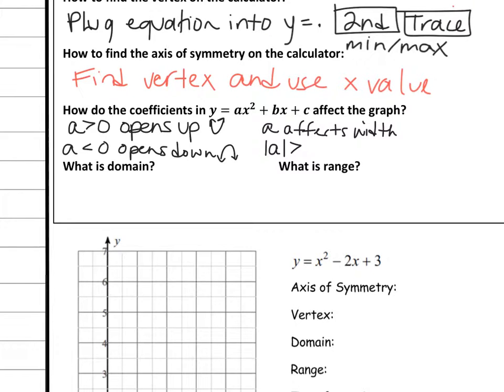Does it get taller or wider, Emma? So like, yeah, we'll say thinner or narrower. If the absolute value of a is less than 1, then it gets wider, right? So let me make this more clear.